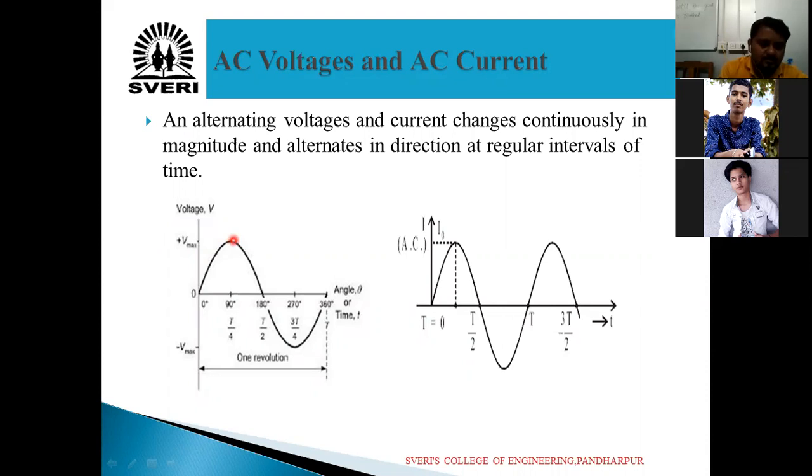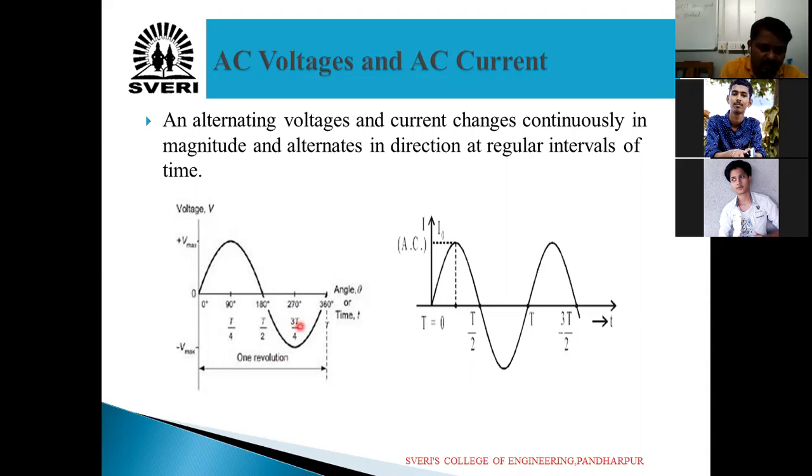Magnitude. And whatever this complete cycle is there, that is the time period consisting of 1 half cycle and 2 half cycles, or 1 positive half cycle, 1 negative half cycle. We will call that 1 complete cycle, which is nothing but our time duration.